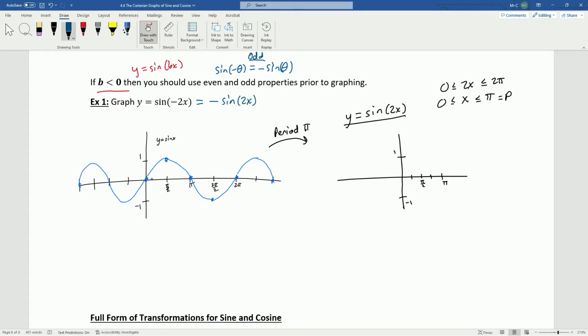And all I'm going to do is take the same points that I have, but I'm going to plot them at these new dividing marks here. So instead of having 2 pi divided into 4 intervals, we divide pi into 4 intervals, and we mark our points over that shorter distance, and then that gives us the graph of this thing compressed down to period pi.